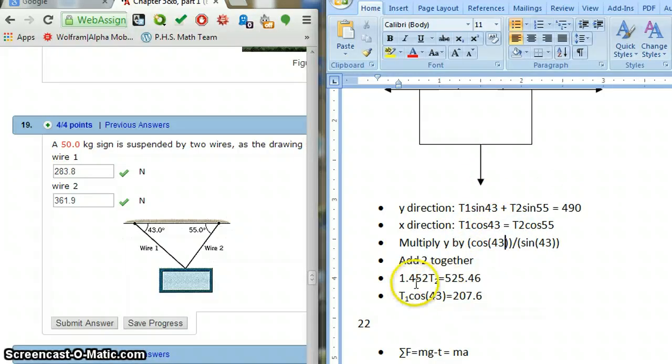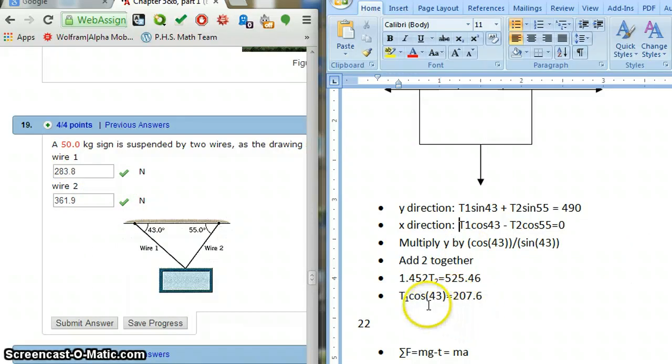And you should get roughly this, because here you can also turn it into this. By manipulating the function, you get this. And then by subtracting this from this, you get that 1.452 T, the second tension, equals 525.46 newtons. And from these two things, you can derive the tension of number 2.